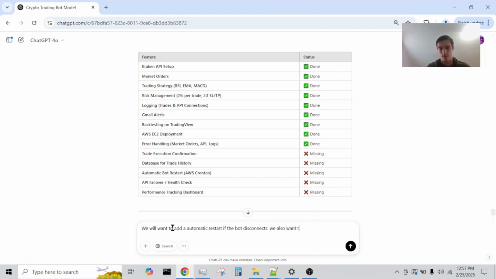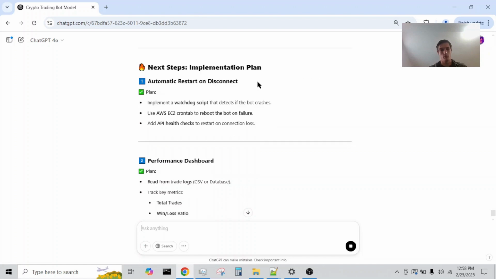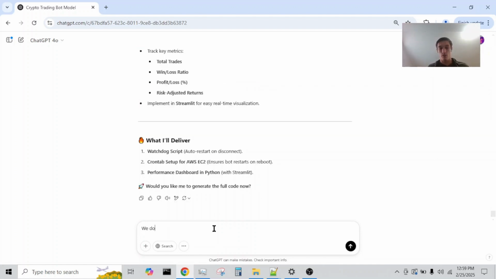We also want to implement a performance dashboard, our trading log. I do want a roadmap of the steps that need to be taken.